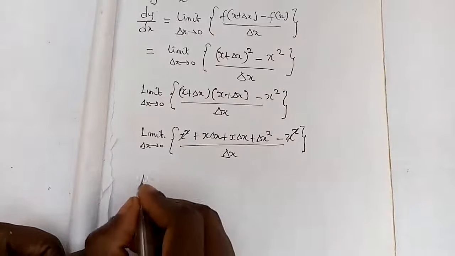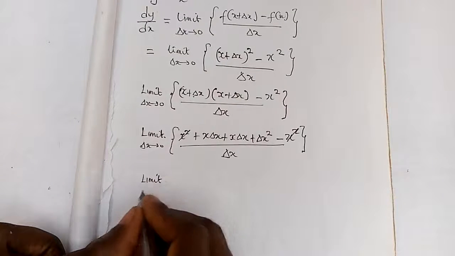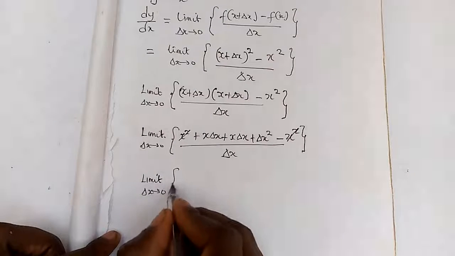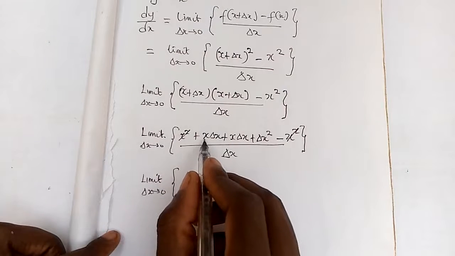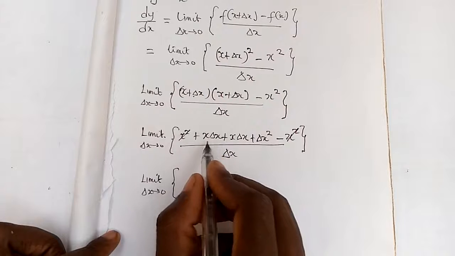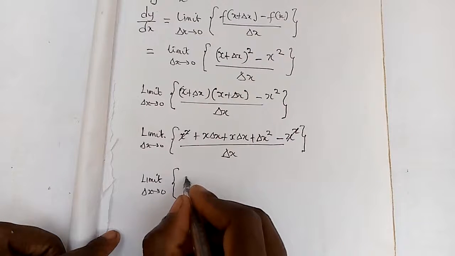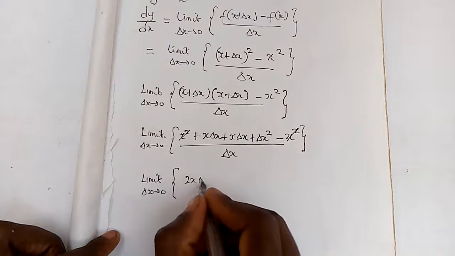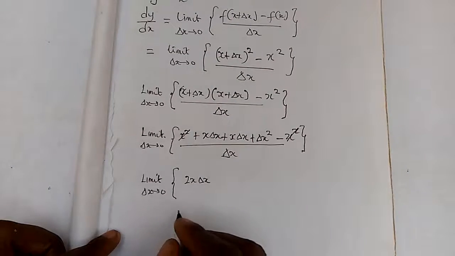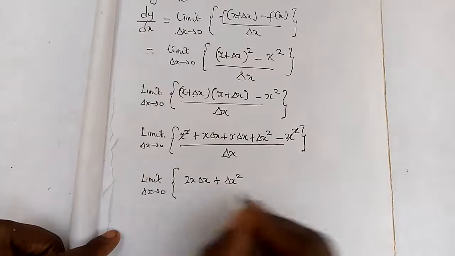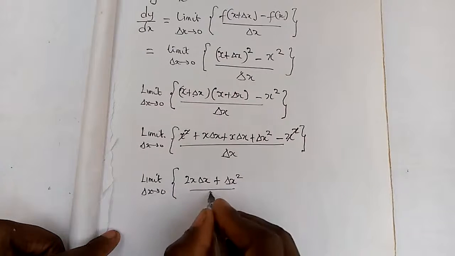Now we are left with the limit as change of x approaches 0, and then you have x multiplying change of x, another x multiplying change of x, so you get 2x change of x plus change of x squared, all over change of x.